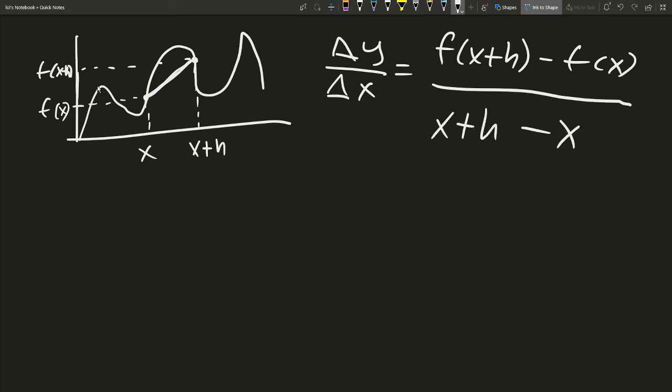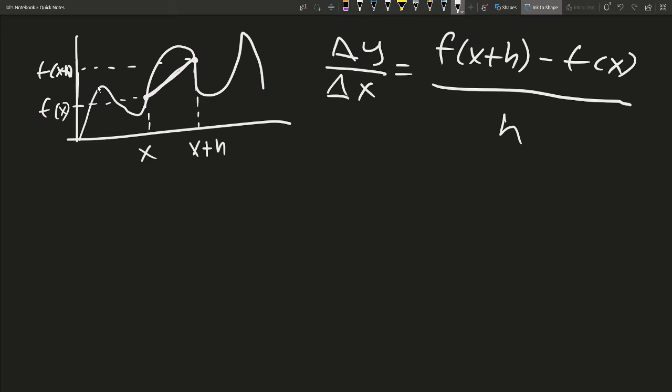That's the distance between these two points. As you can see, the x's cancel out, so we're just left with h on the bottom. So this is the gradient of this arbitrary straight line between two points on the curve.